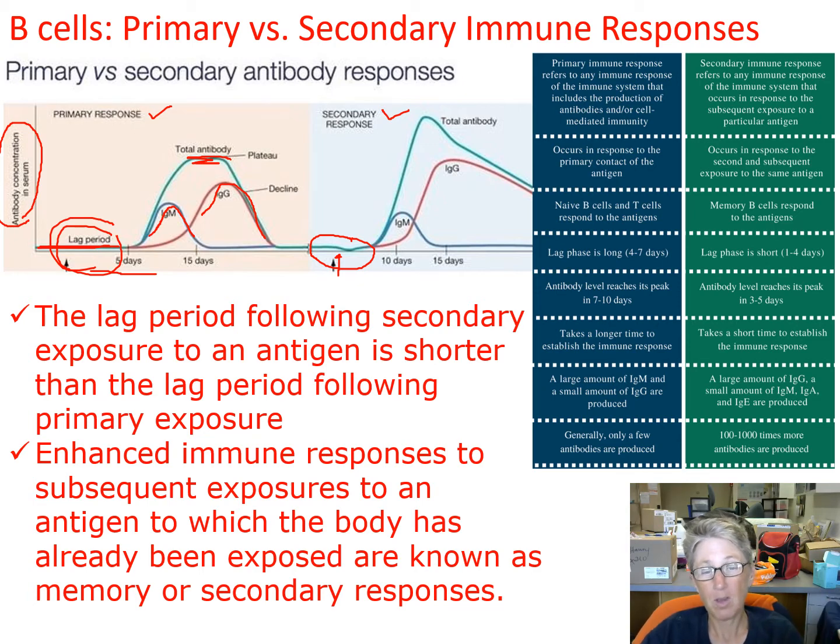That's the secondary response to an antigen. If your body has already been exposed, it knows that antigen and can mount a secondary response, aka a memory response. And then here's this table, which kind of shows the primary immune response and then the secondary immune response.